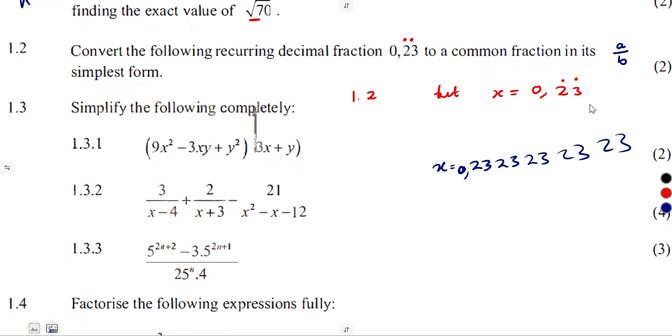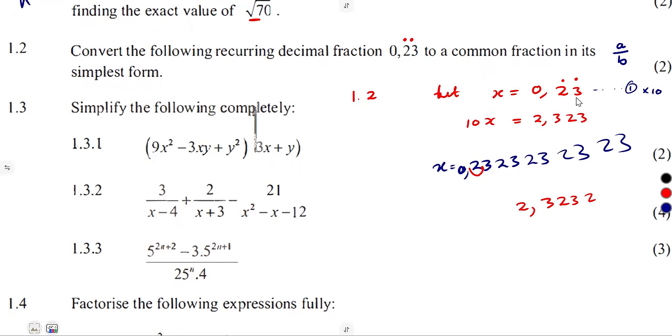We can say this is our equation 1. If we multiply equation 1 by 10, we obtain 10x, which is equal to, remember, by multiplying by 10, we're just going to move the decimal point one place to the right. So it's going to be 2.323232, and so on, which is actually different from what we are seeing, because we are starting with a 3, not starting with a 2 there.